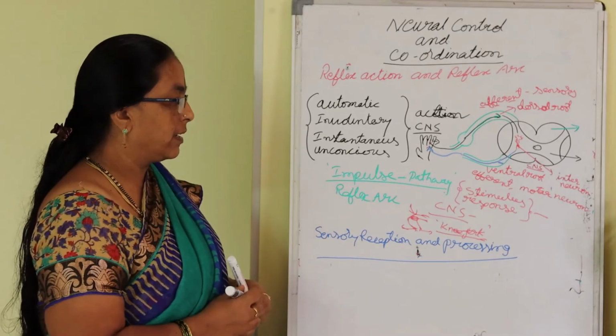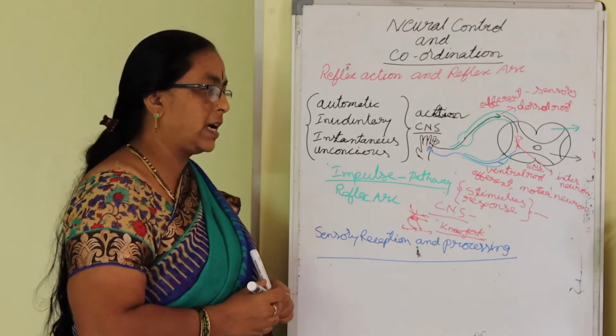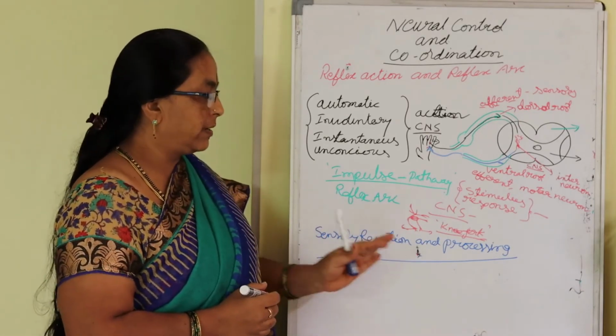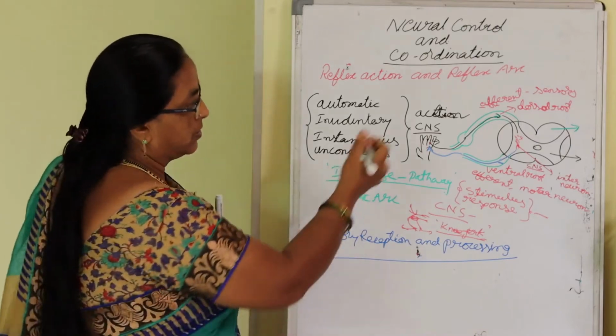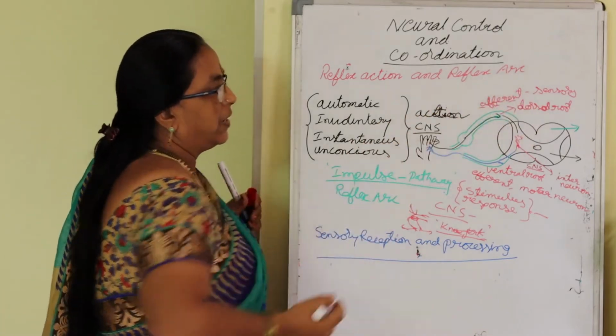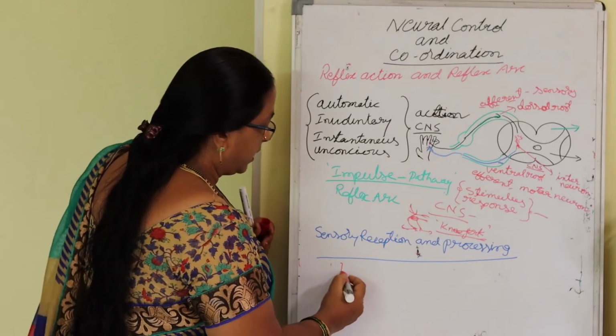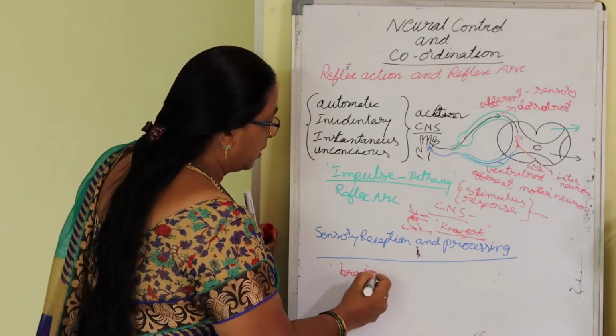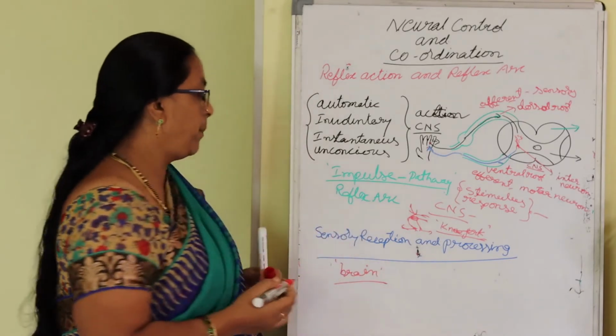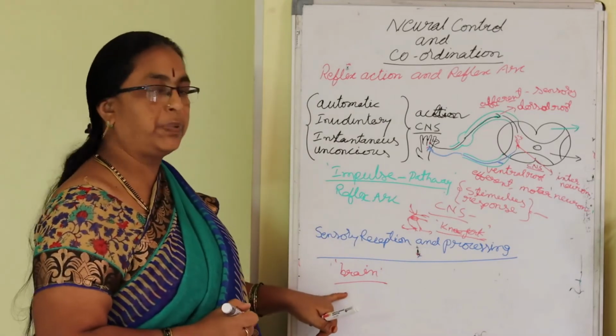These receptors start the impulse and it reaches the sensory or afferent nerve to the brain, and the total impulses are input into the brain.